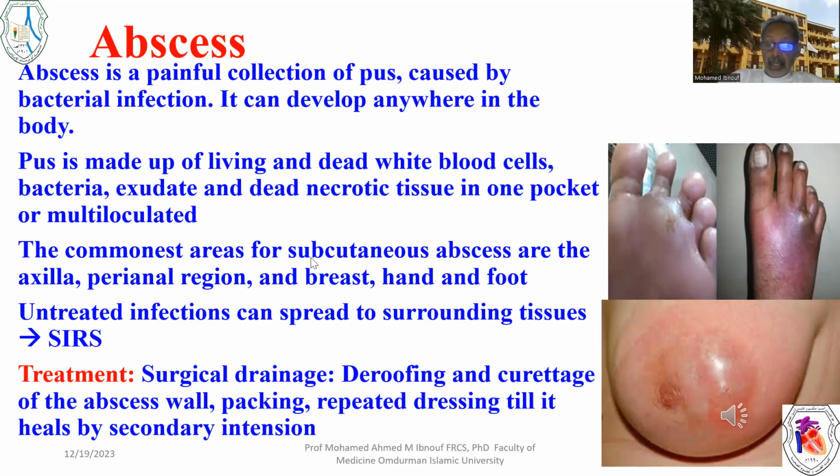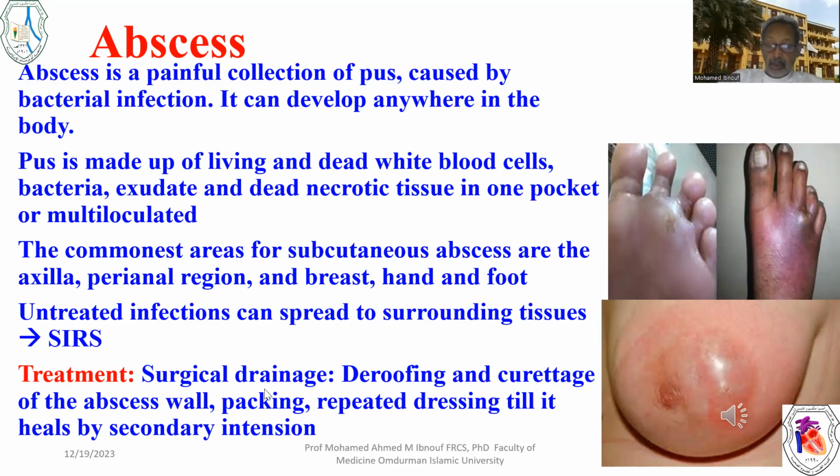The commonest areas for subcutaneous abscess are the axilla, perianal region, breast, hands, and feet. However, it can occur anywhere inside the body or in the subcutaneous tissue. If not treated, the pus will spread through hematogenous spread and cause systemic inflammatory response syndrome, that is septicemia.